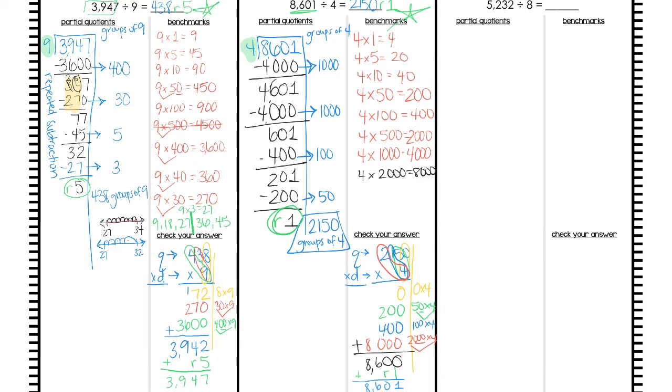All right, on to the last problem on this video before you do it on your own. 5,232 divided by 8. Our benchmarks are going to be multiples of 8. Go ahead and make your benchmarks for 8. Pause the video.